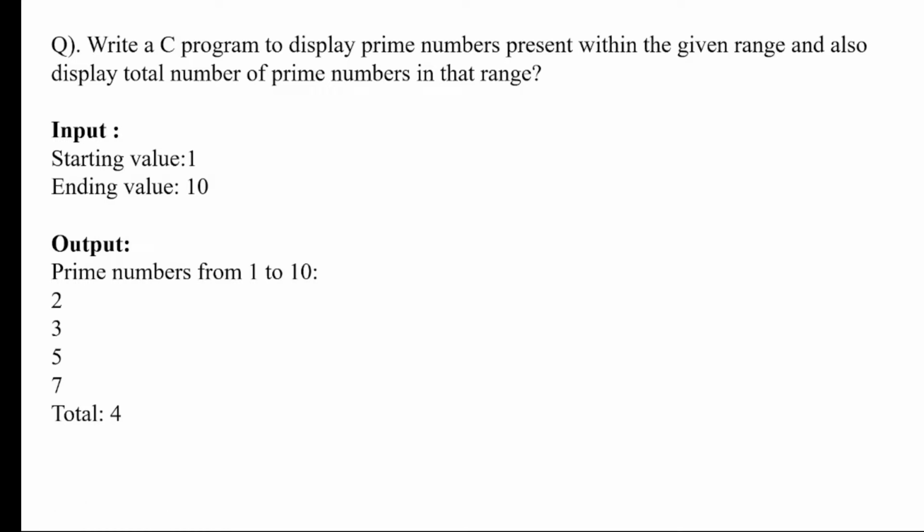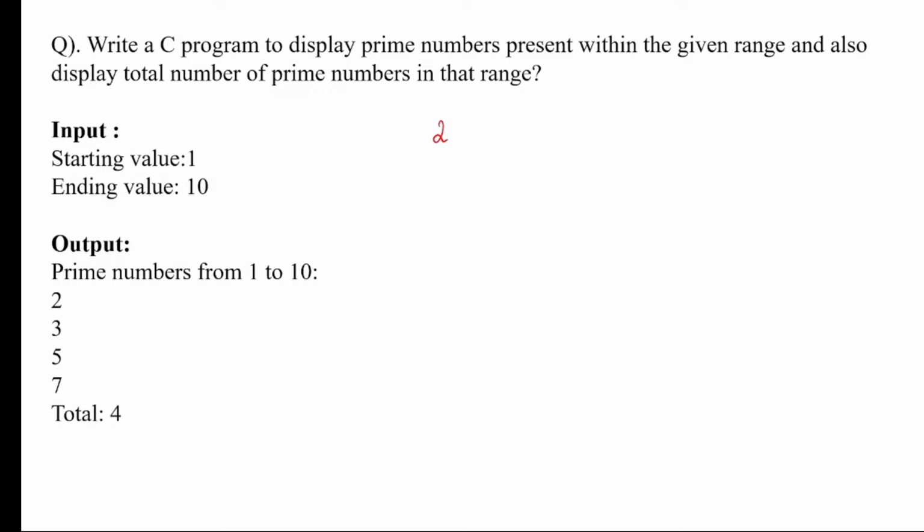Before writing this program, you have to know what a prime number is. If any number is a prime number, then it has only two factors. Take the number 2.